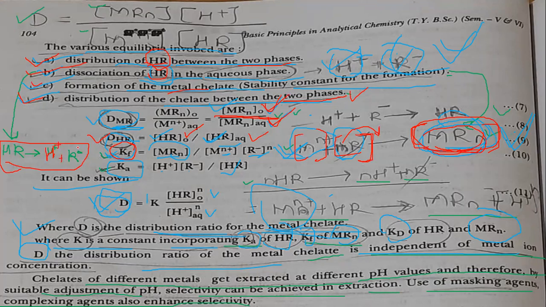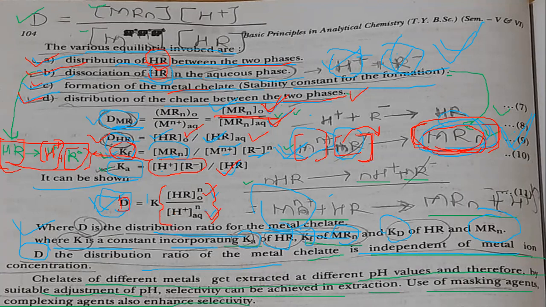So product of concentration of products upon product of concentration of reactants. Here there is only one reactant, so it comes alone. That is what Ka is. Therefore D is shown as K into the ratio of concentration of HR in the organic phase upon concentration of H plus in the aqueous phase.